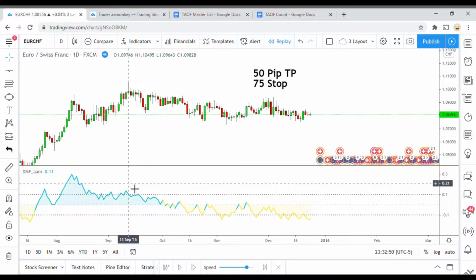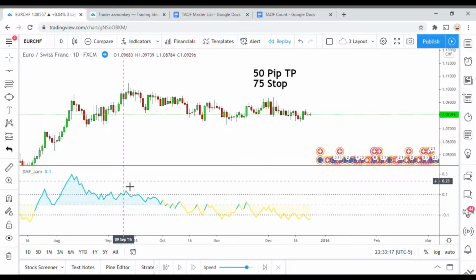A slight modification to the settings or calculations can make a drastic difference in the indicator's ability.